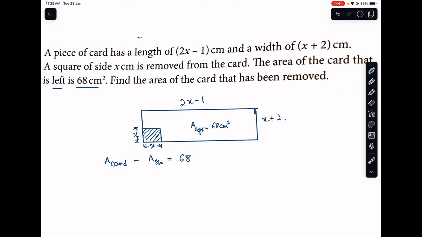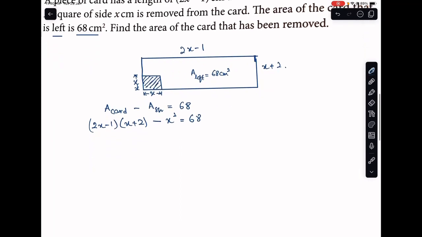I know that for area of the rectangle, it has to be 2x minus 1 times x plus 2, and the area of the shaded region needs to be x square, and this equals 68.